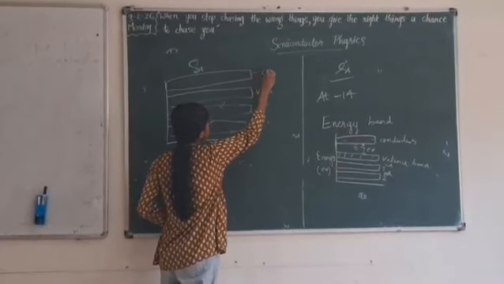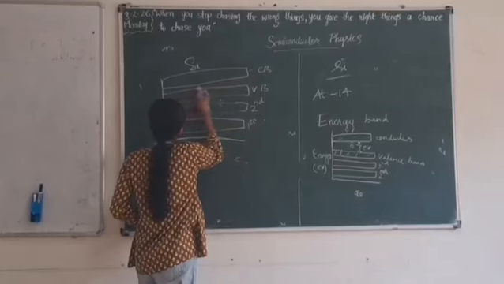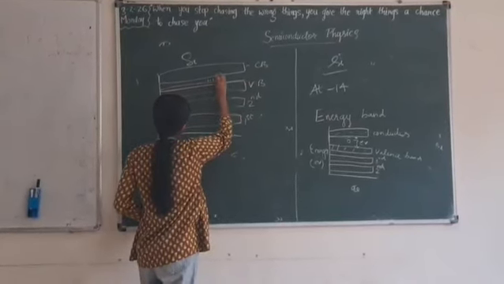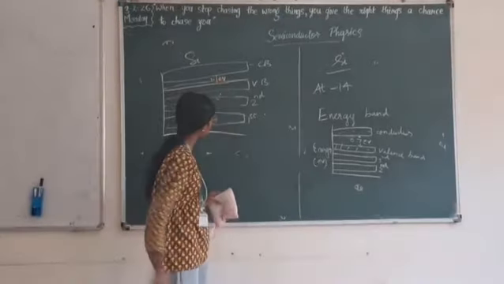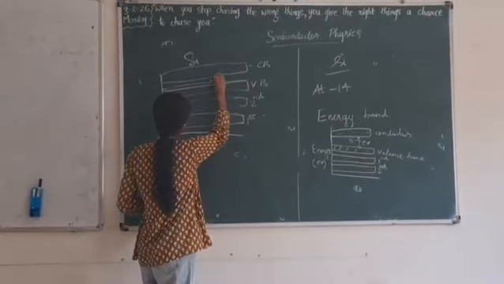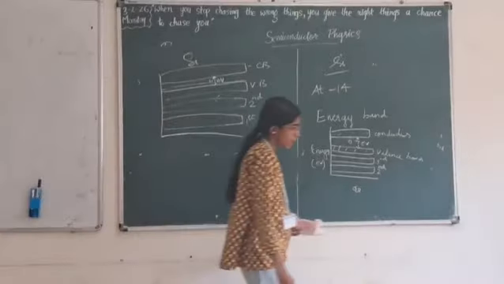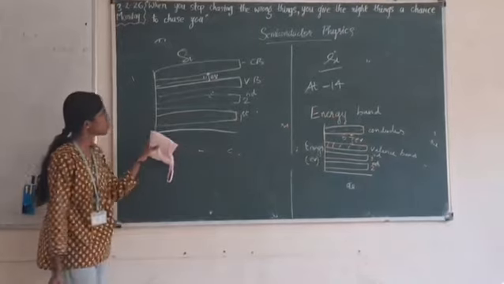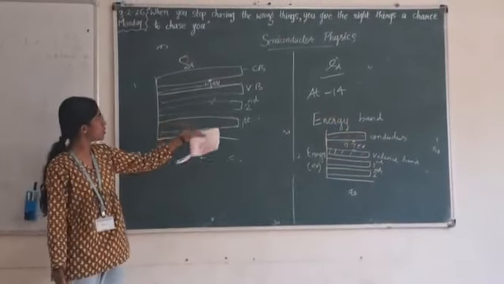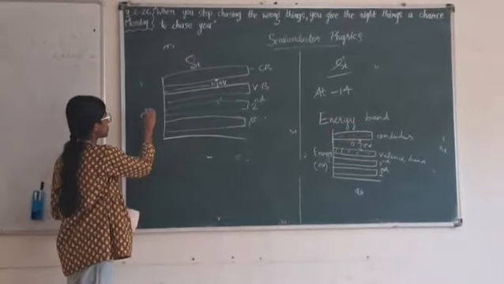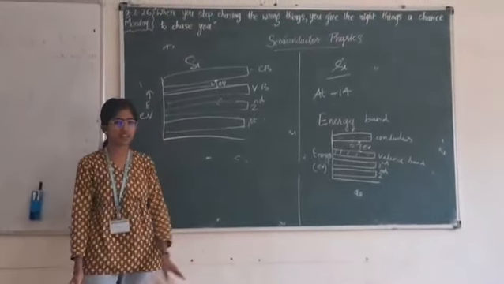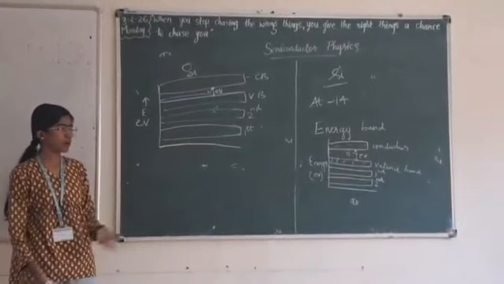This is conduction band. Here the energy gap is 1.1 electron volt. Look at these two energy gaps. It is very small, right? 1.1 electron volt and 0.7 electron volt.